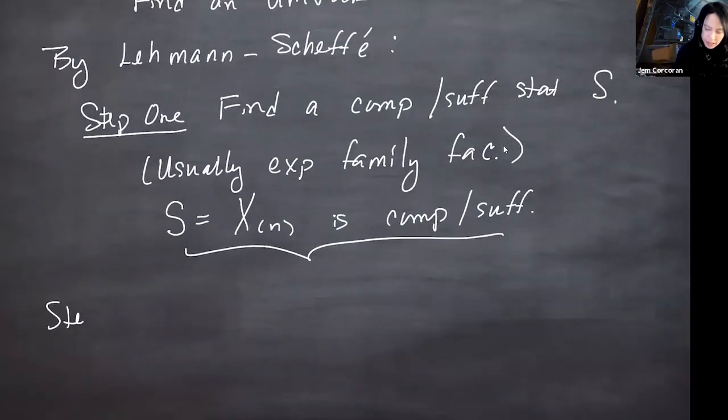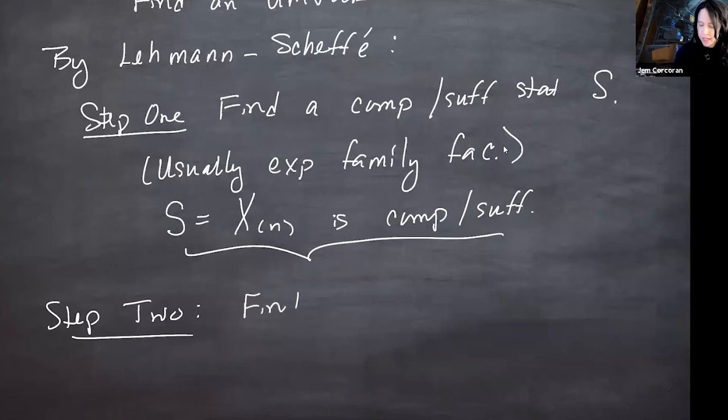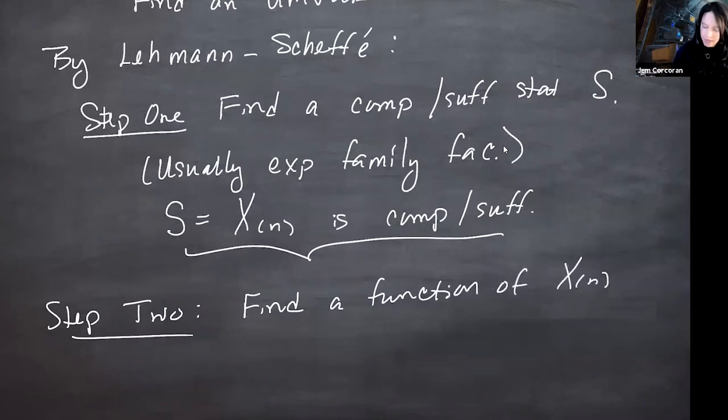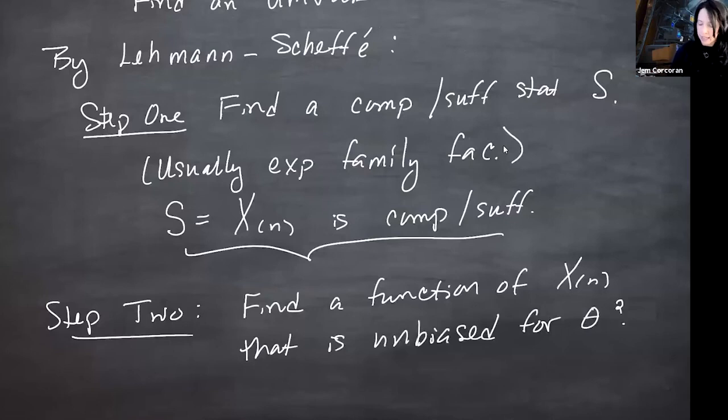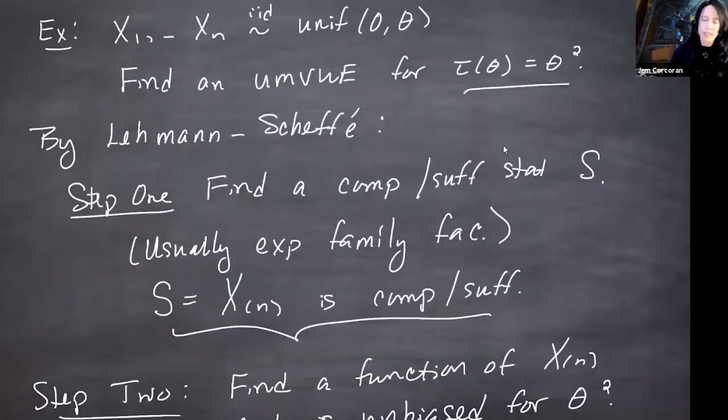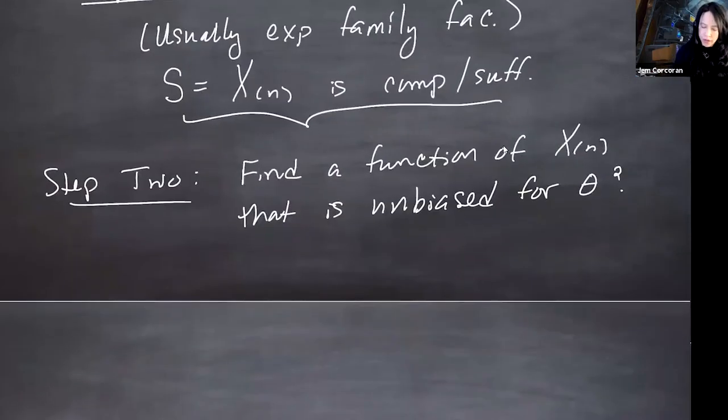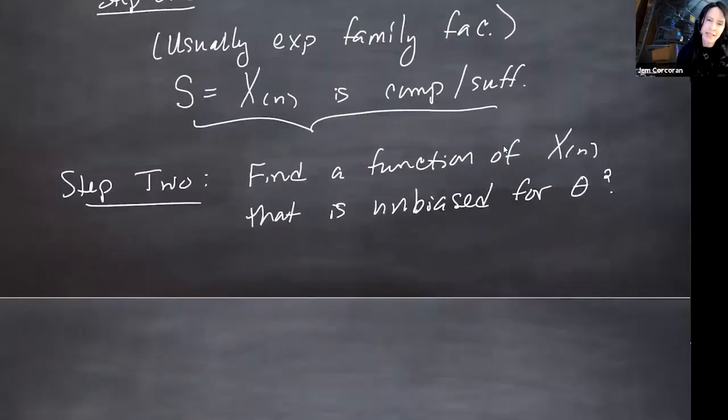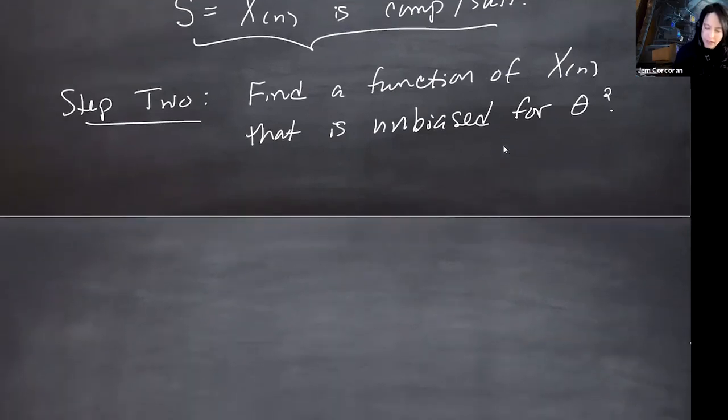Okay, so step 2 is to find a function of the maximum that is unbiased for the target theta squared. I'm going to go ahead and call, well, I already called it tau of theta. So if I had done this example directly after the last example in the last class, we would already know the expected value of the maximum.